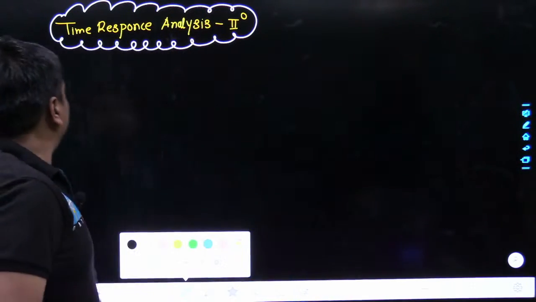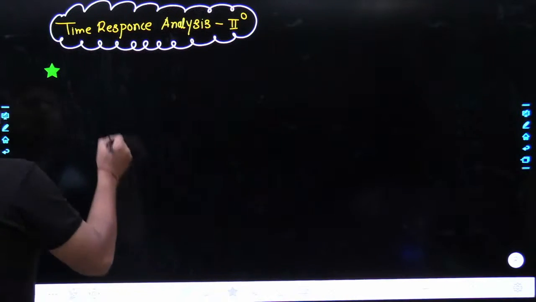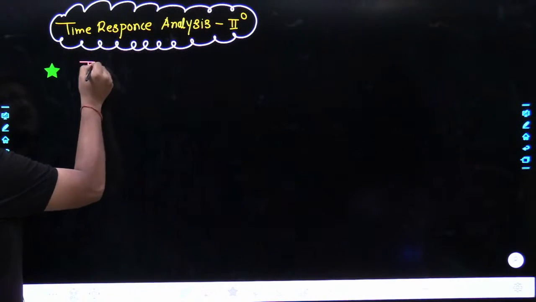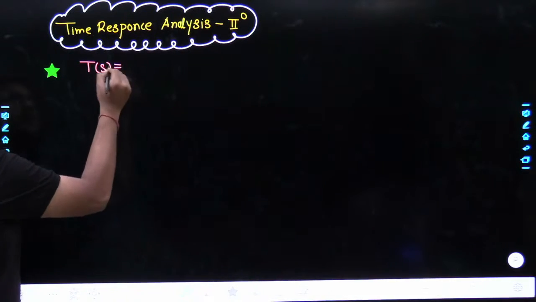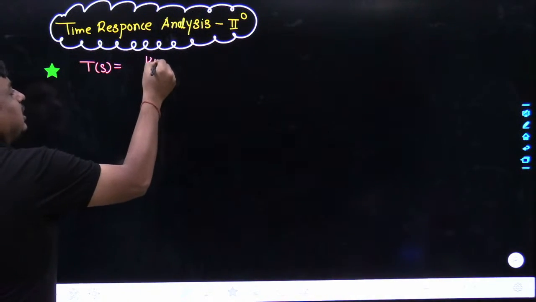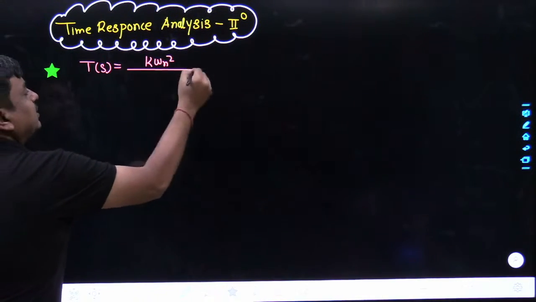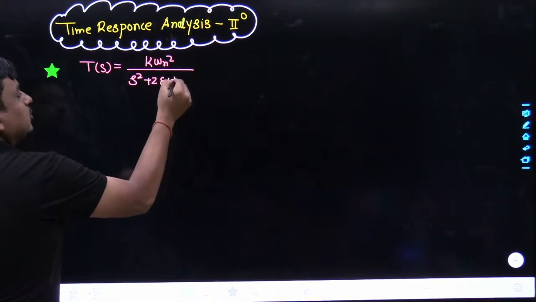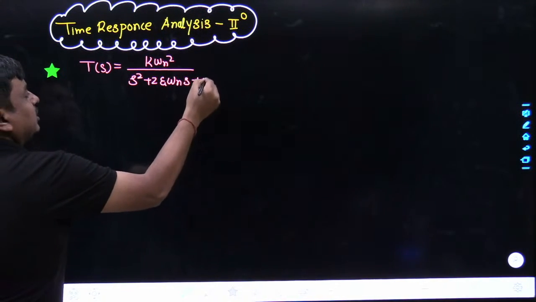So if you guys would be able to recall, what was the standard second order transfer function? It was T of s equals k times omega n square divided by s square plus 2 zeta omega n s plus omega n square.